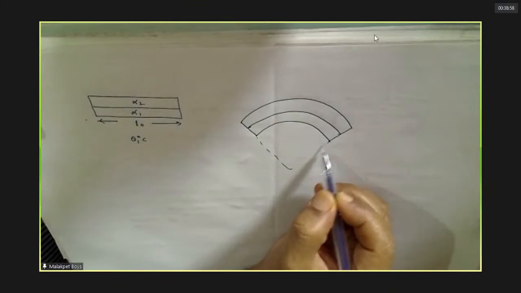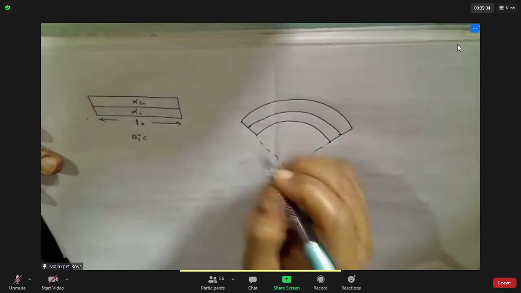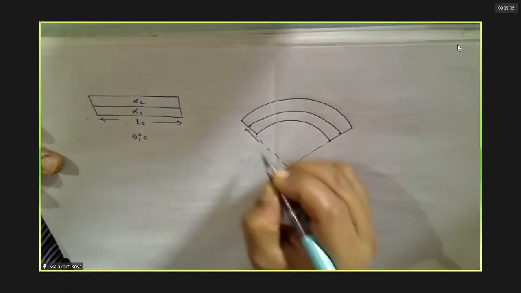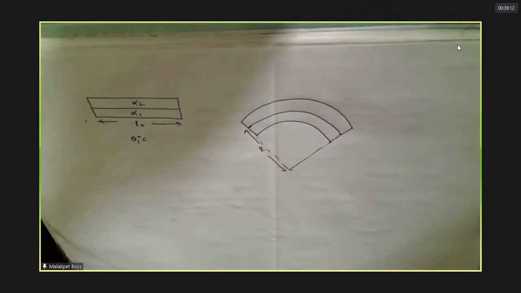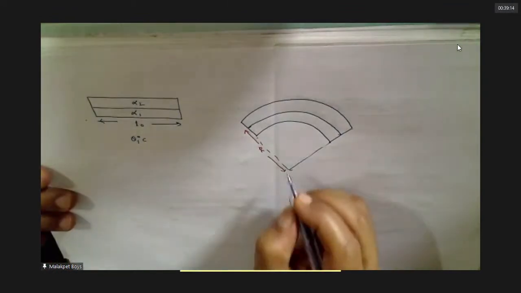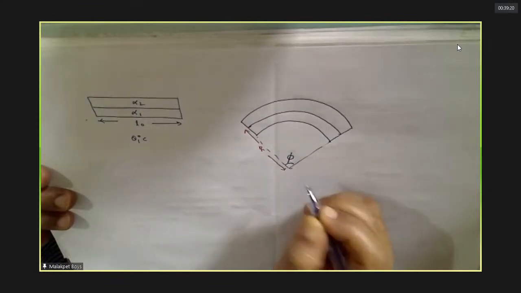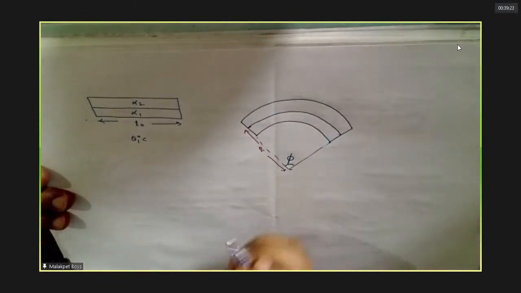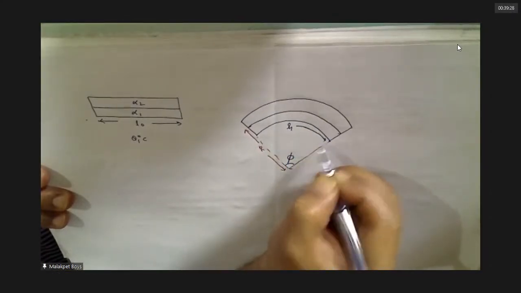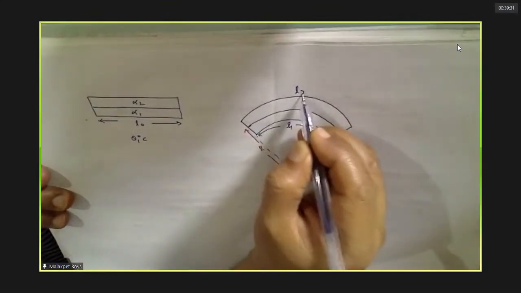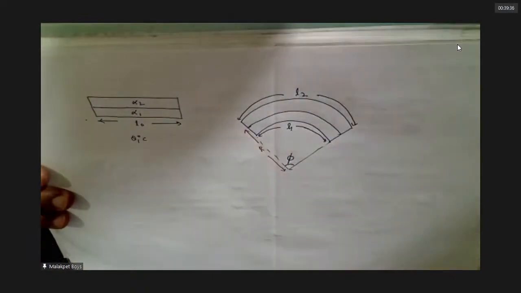Now from here to here, this is the radius, mean radius. Let this make an angle of some phi, the strip angle. And this will become L1. No? The length will change or not? Yes, sir. It will change. Any doubt is there?